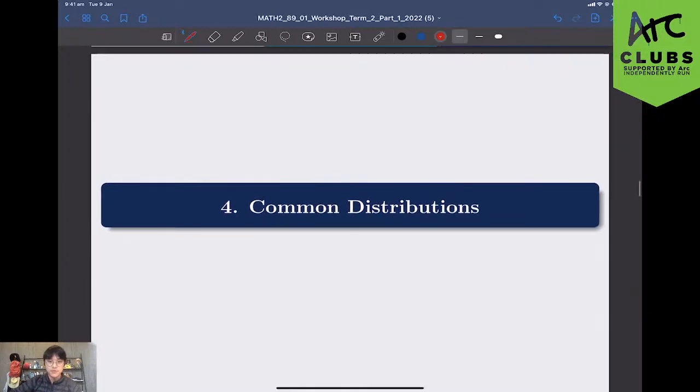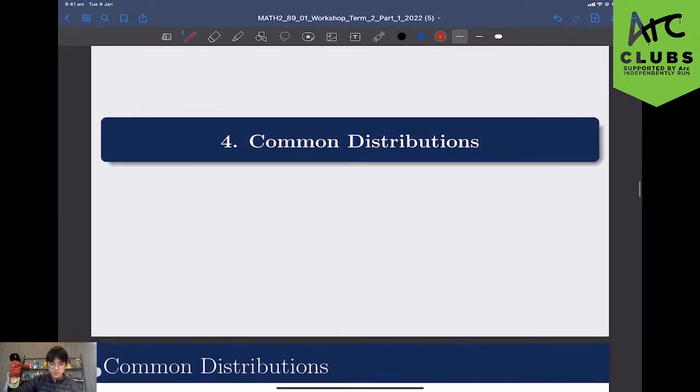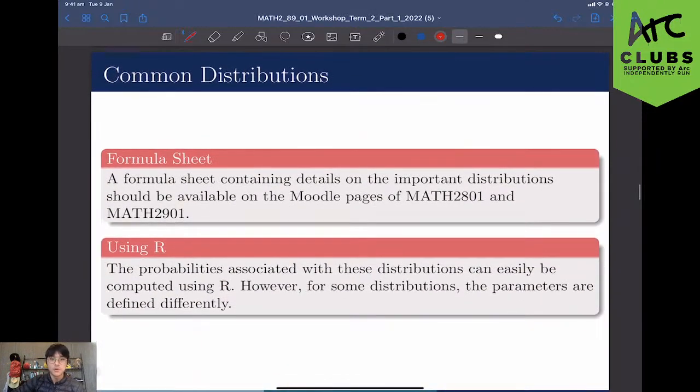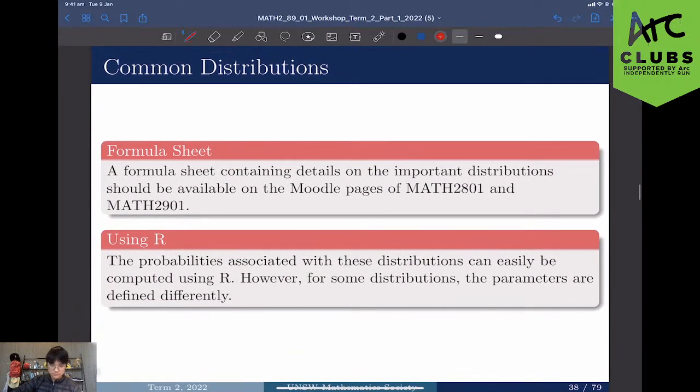Okay, so I've finished this chapter, so I'm going to move on to common distributions. For this chapter, I'm mainly just going to be going over what the common distributions are and not doing too many questions, because the later chapters build on the content in this chapter. There's a formula sheet that contains details of the important distributions.